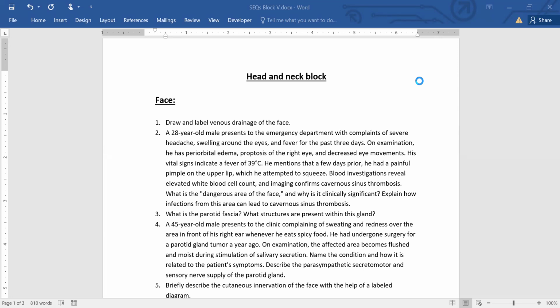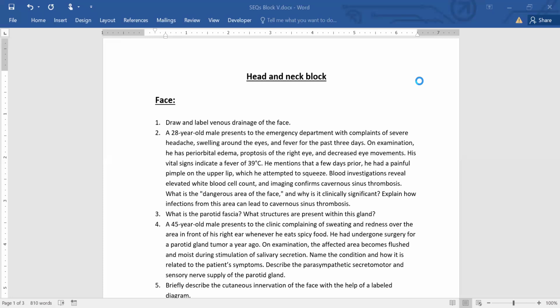His vital signs indicate that he has a fever of 39 degrees centigrade. He mentions that a few days prior he had a painful pimple on the upper lip, which he attempted to squeeze. Now, blood investigations reveal an elevated white blood cell count, and imaging confirms cavernous sinus thrombosis.